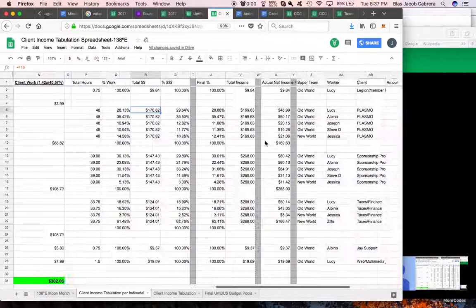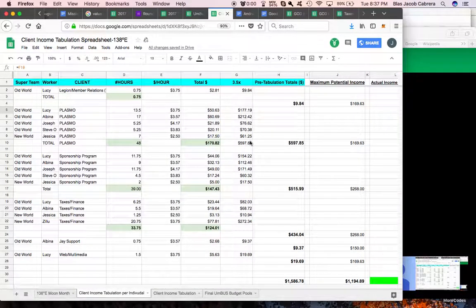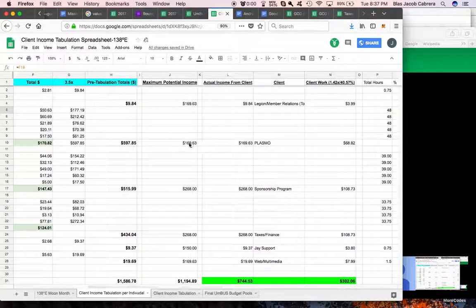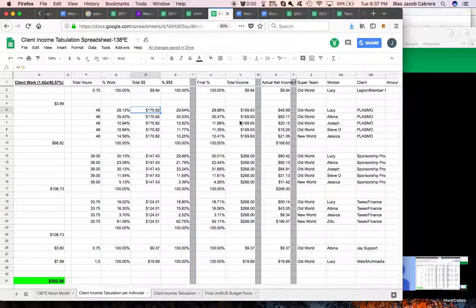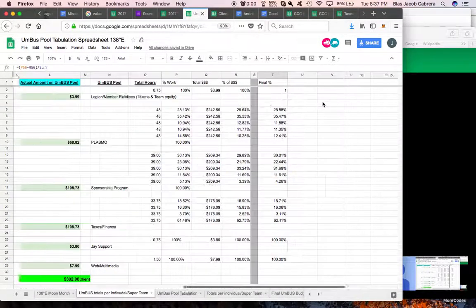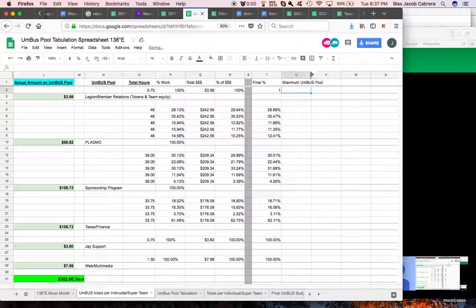Oh, I see. So it doesn't really matter. Oh, wait, 169. Where is that coming from? Oh, it's coming from this. Maximum potential income is the actual maximum that you can bring in. Okay. So the actual total income is the maximum budget pool, right?